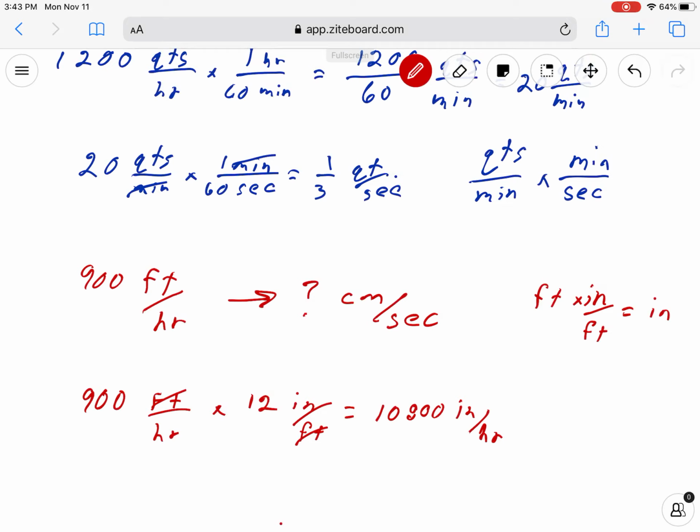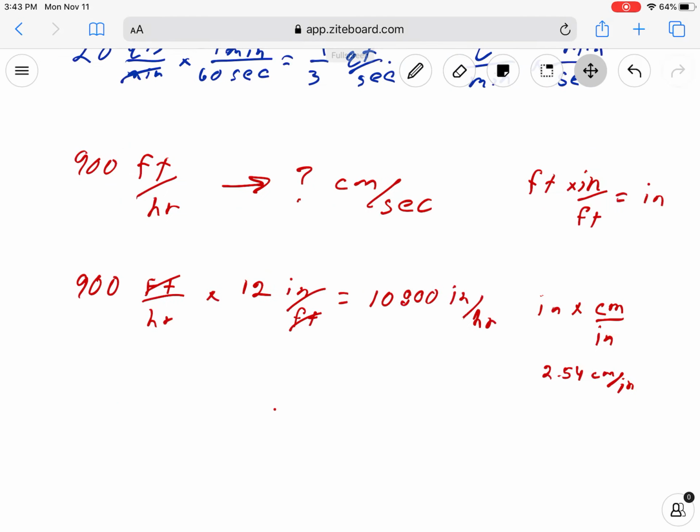Okay, so to go from inches now into centimeters, so I have centimeters over an inch, and the conversion rate is 2.54 centimeters per inch. So I can insert my numbers now.